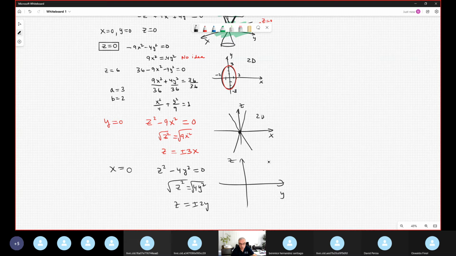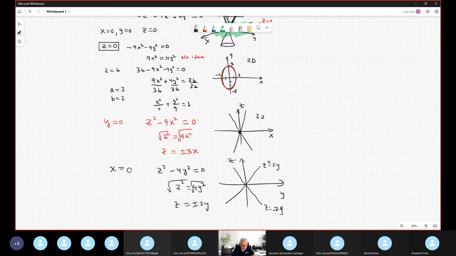Passing through the origin, always. Okay? This line, for example, is z equals 2y, and this is z equals minus 2y. Makes sense, right? Negative slope, positive slope.